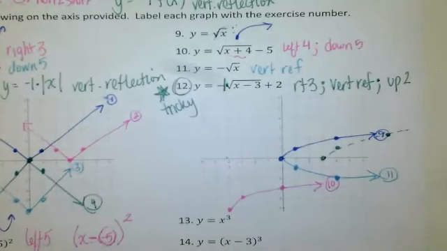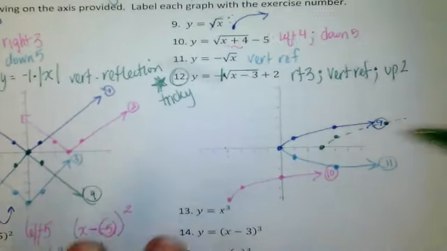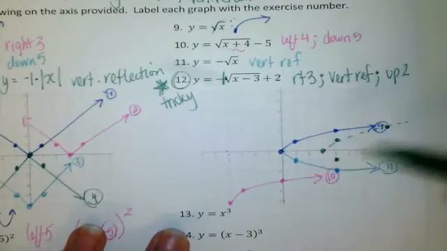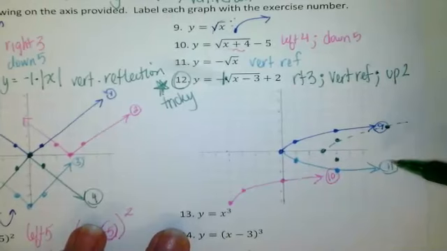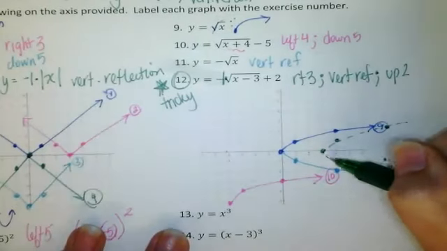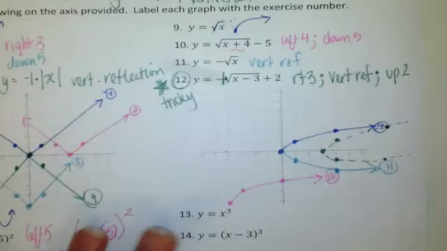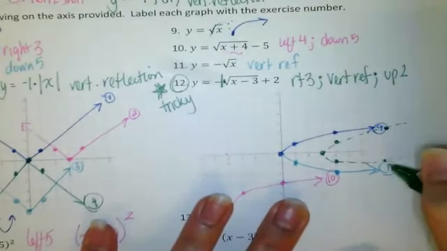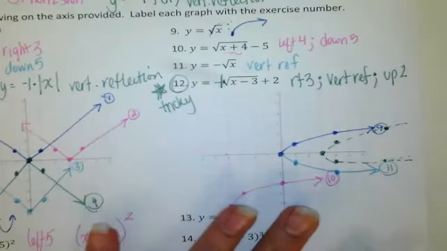Now the second transformation is a vertical reflection. So here my +1 is going to flip to a -1, and +2 flips to a -2. So now my square root swoop is upside down, reflected vertically.